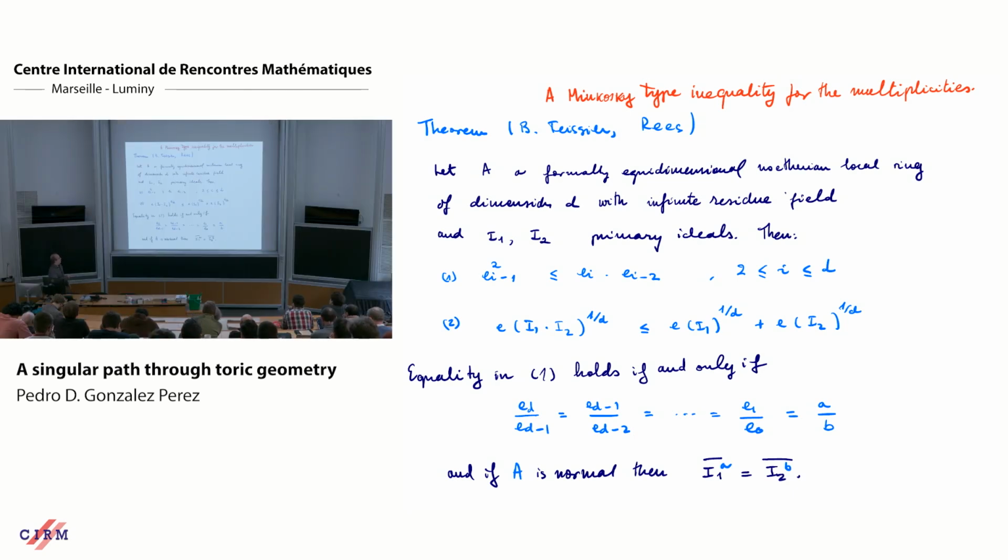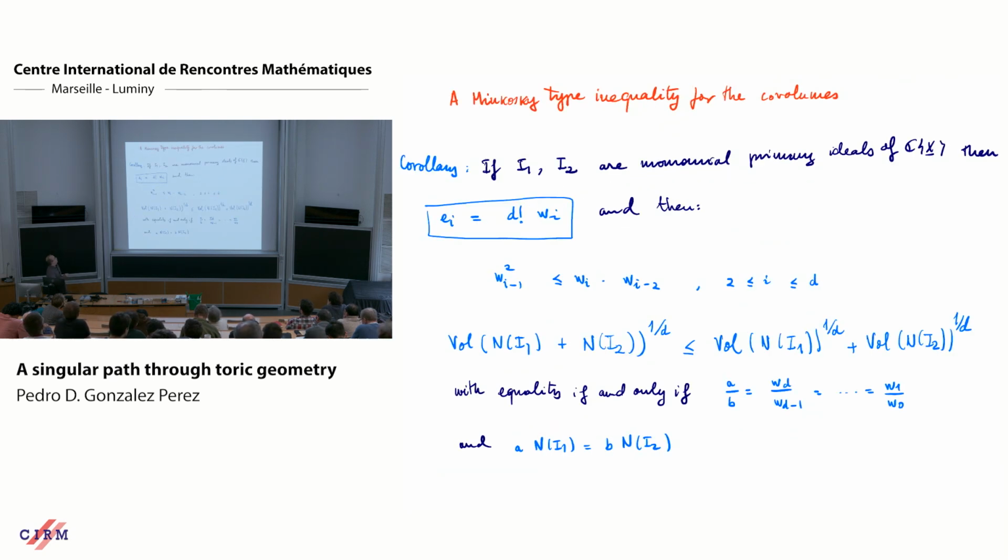And this is a far generalization of this monomial case, which is not proven using combinatorial arguments, but using singularity theoretical arguments and reducing to the case of dimension 2, if I remember well.